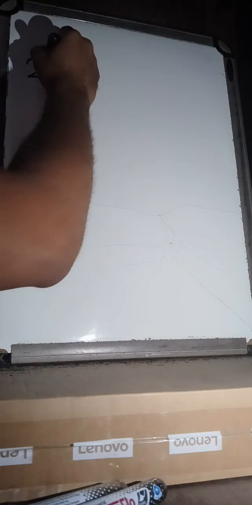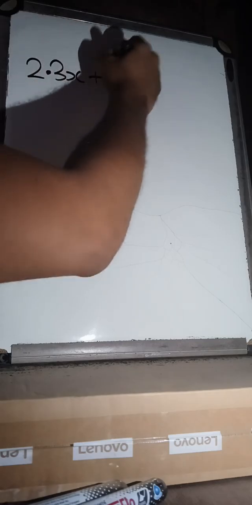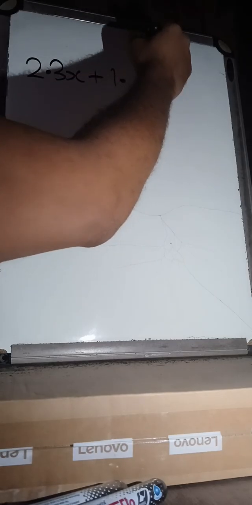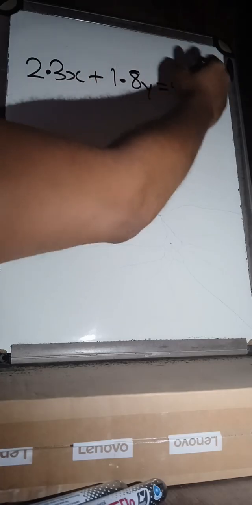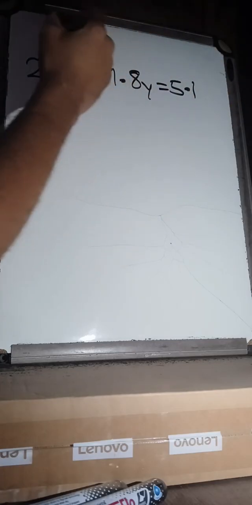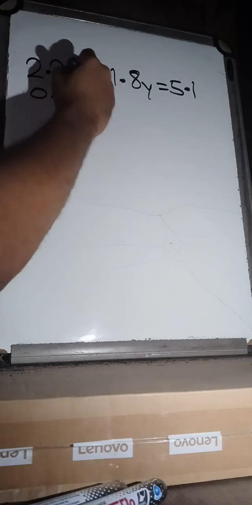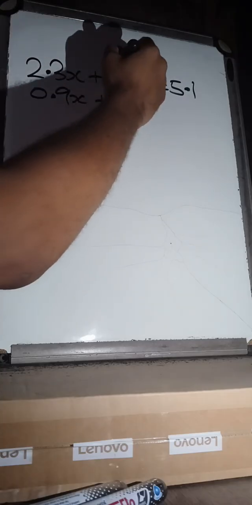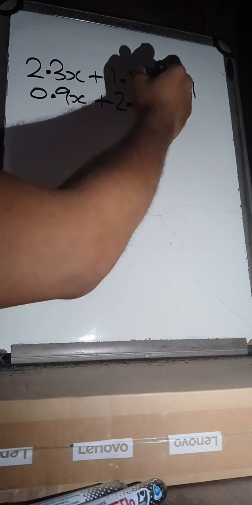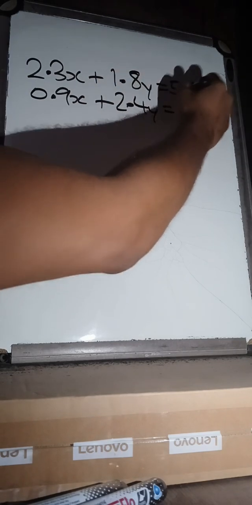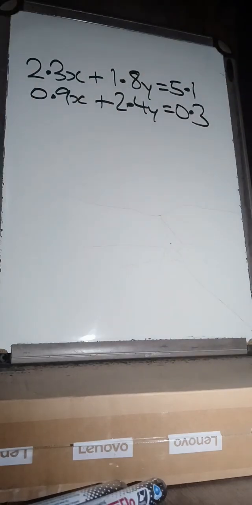Anyway, 2.3x plus 1.8y equal 5.1, 0.9x plus 2.4y equal 0.3. Alright, good. Alright, so if my tablet dies, you know, it's fine.